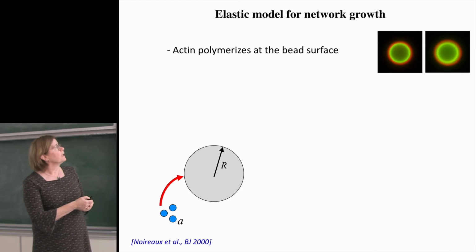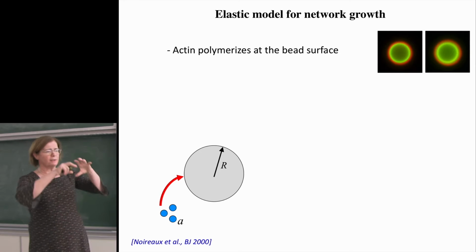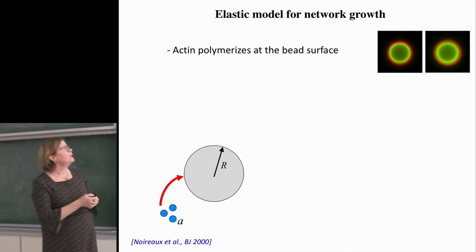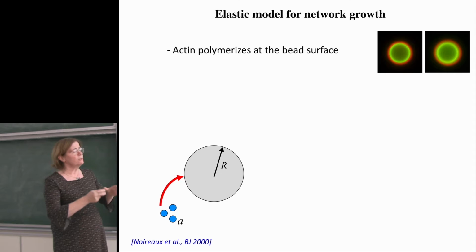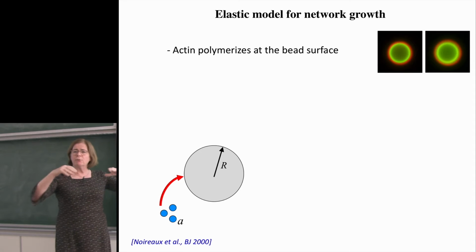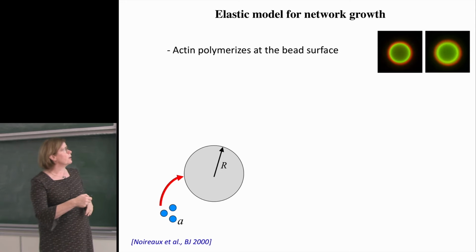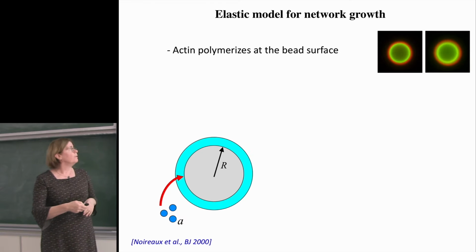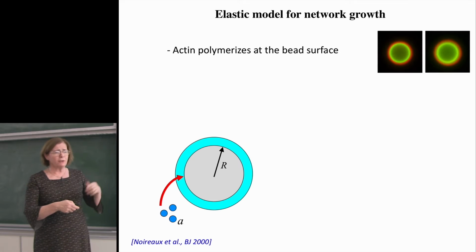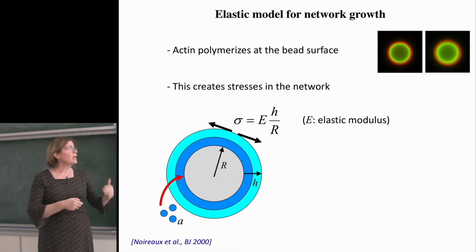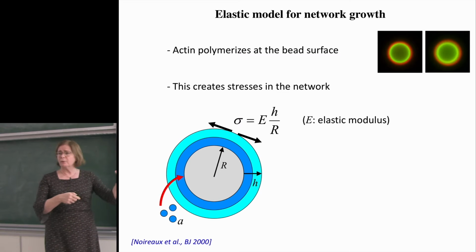So you see that if we start with red actin, we have this network that grows. It's a shell that grows around the sphere. And if you add green actin, you see that it pushes away the already existing shell. So in fact, the monomers are added at the surface of the sphere. So you have a first shell, and then the second shell pushes the first shell away.